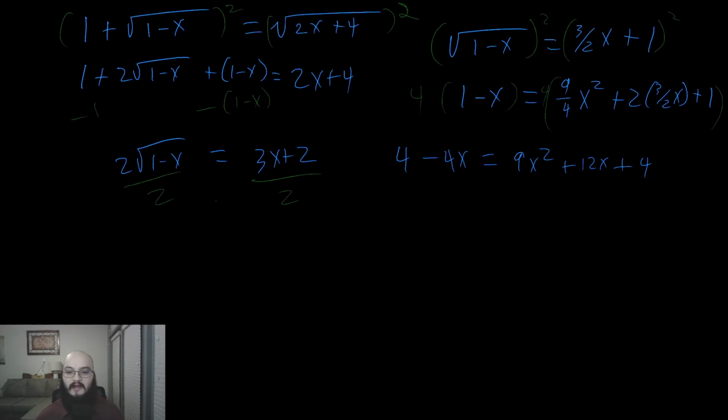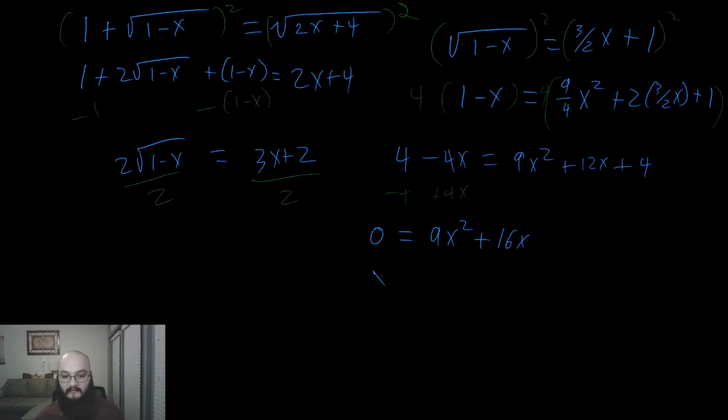And now we isolate everything over to one side, factor out our quadratic. Subtract 4, add 4x, and that will make this 0 is equal to 9x squared plus 12 plus 4 is 16x, and then 4 minus 4 is 0. From here, there's not a whole big factorization thing to do.